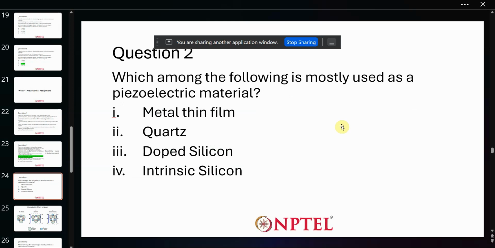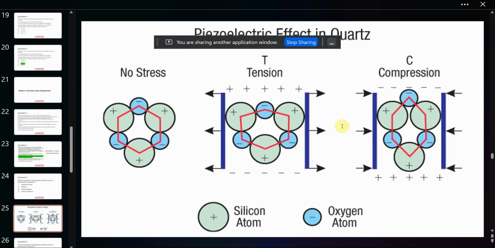The second question is which among the following is mostly used as a piezoelectric material. Piezoelectric behavior is based on the crystal structure and not on the material property per se. Here only quartz has a very unique crystal structure, which has silicon and oxygen, so it has the piezoelectric property.